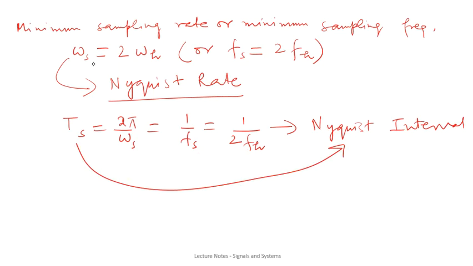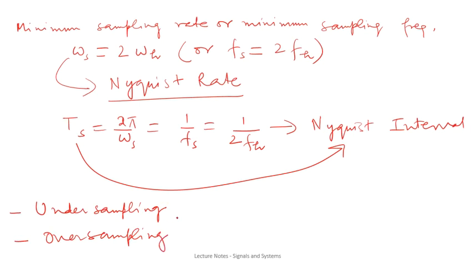So sampling a signal at a rate that is less than or greater than the Nyquist rate is called undersampling or oversampling respectively. Okay, so these are the two terms, undersampling and oversampling.